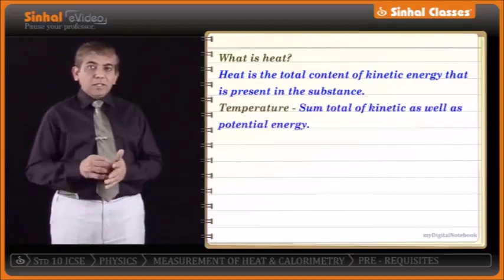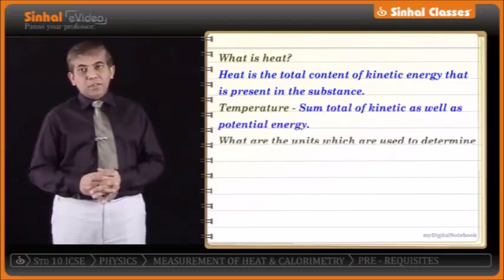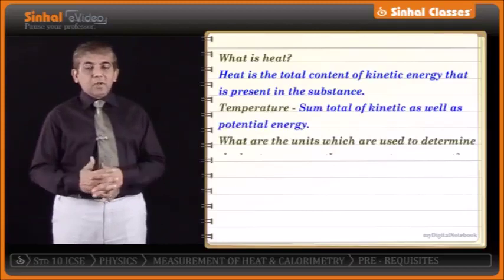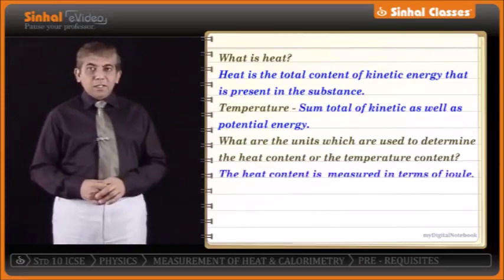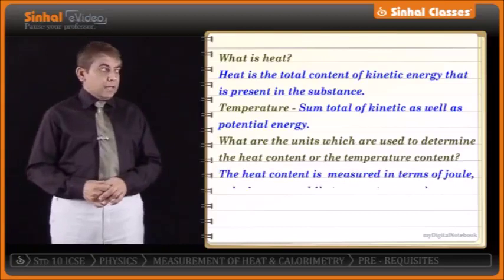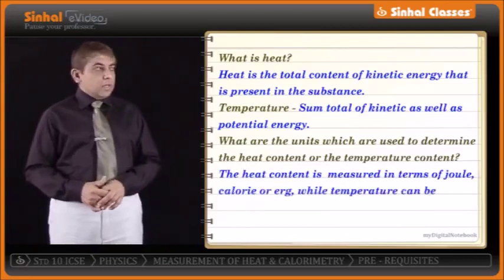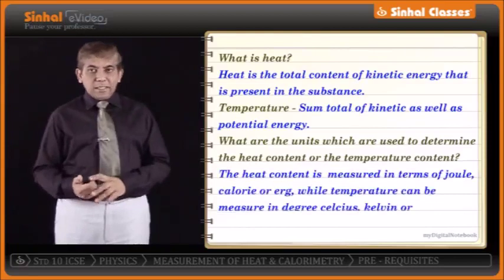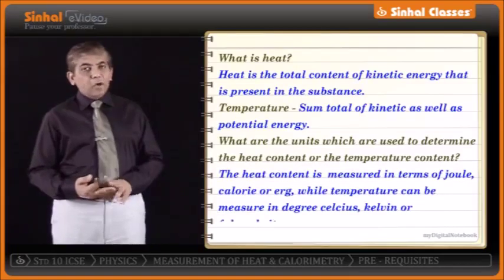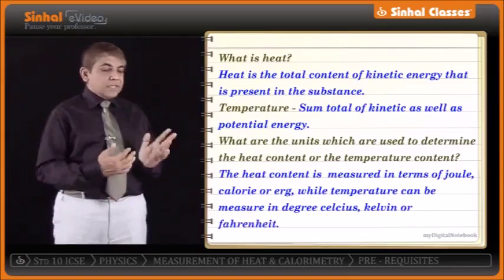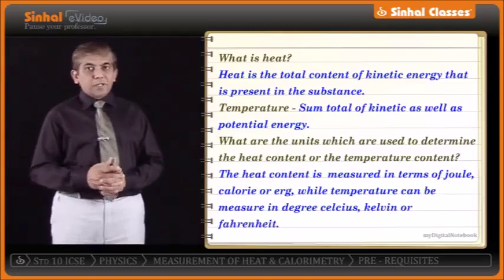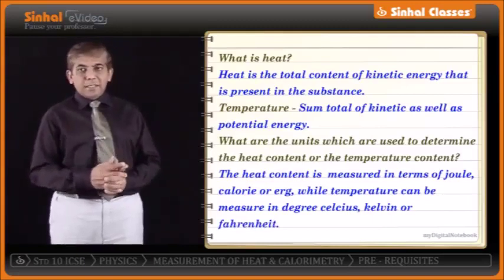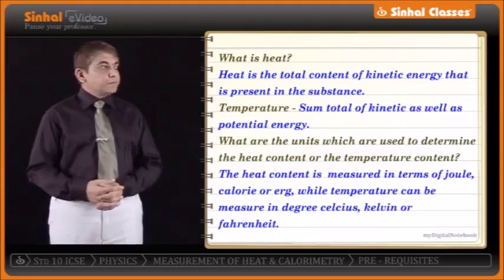Then we should know the units used to determine the heat content or the temperature content. The heat content is normally measured in joule, calorie or erg, whereas temperature can be measured in degrees Celsius, Kelvin or Fahrenheit. As far as 10th standard is concerned, we restrict ourselves for temperature only to degrees Celsius and Kelvin.